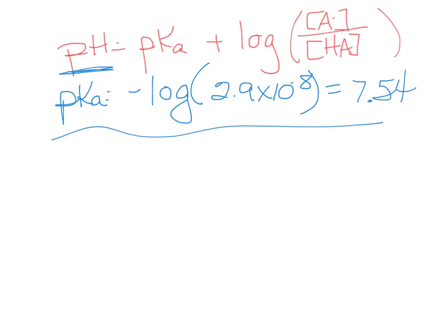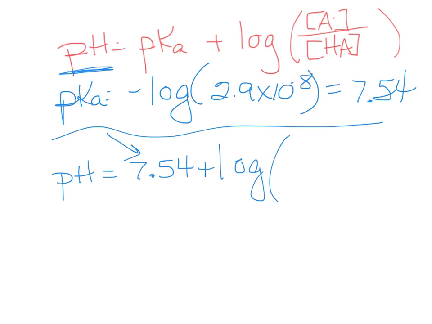So we know that all the pHs we'll get for this buffer will be pretty close to that pKa. And now let's plug in the values we have for the conjugate base and acid. That's 13.2 millimoles over 12.3 millimoles.